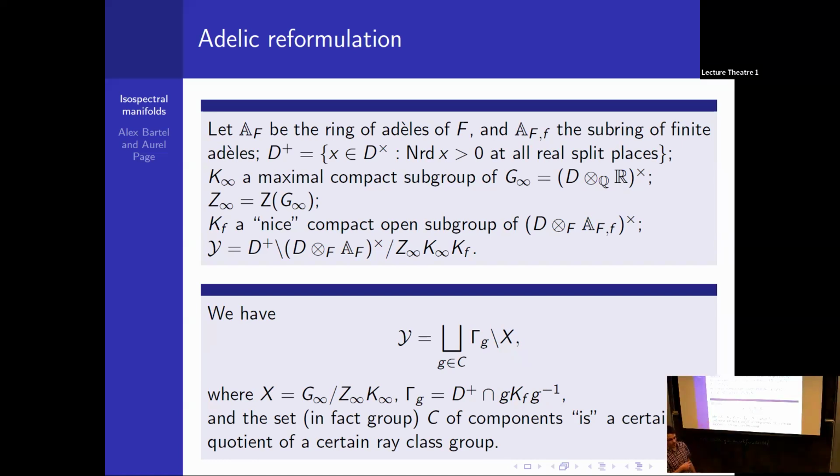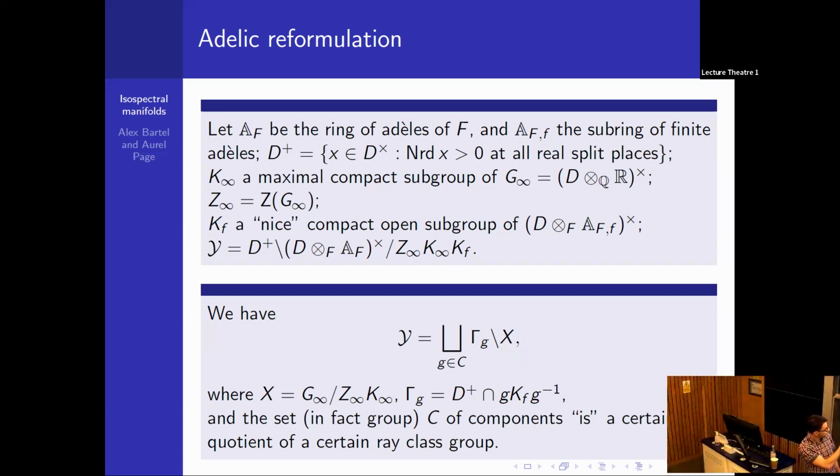If you want to know the details, if you apply the reduced norm map to this double quotient, you will essentially end up with something that will remind you of the definition of a class group using adeles. You'll get a quotient of this. So C is some sort of class group of the field over which we are working, and it parameterizes the connected components of this manifold. And this will be important.